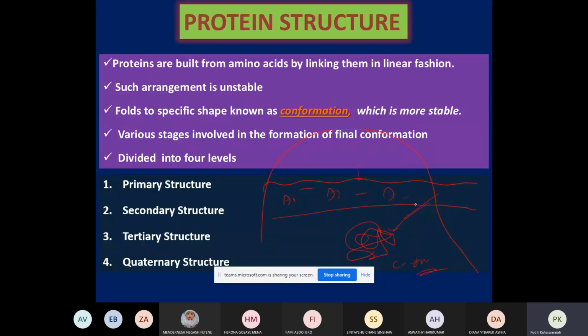There are many stages involved in the formation of the three-dimensional or functional protein from the polypeptide chain. So in order to understand these stages, the protein organization is divided into four levels. That is, one is the primary structure, the second is the secondary structure, the third one is the tertiary structure, and the quaternary structure.